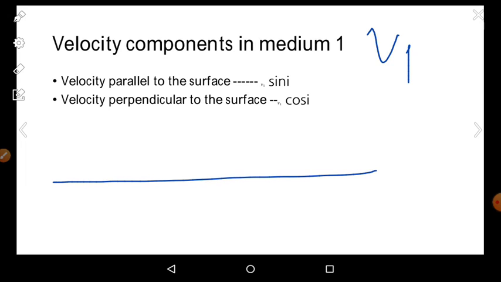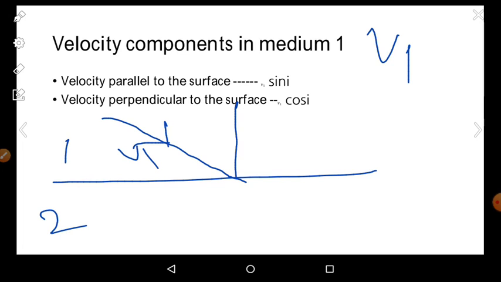This is the boundary which separates the two media, 1 and 2, rarer medium and denser medium. Velocity of the light, this is V1, which makes an angle I with the perpendicular line here. So it can be resolved into two components, one parallel and two perpendicular to the surface.